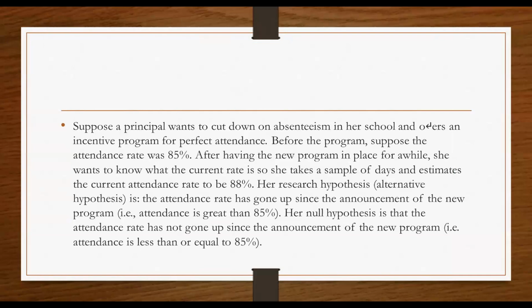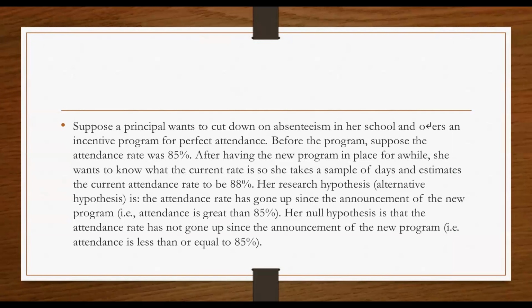Now, suppose that a principal wants to cut down on absenteeism in her school and orders an incentive program for perfect attendance. Before the program, suppose that the attendance rate was 85%.